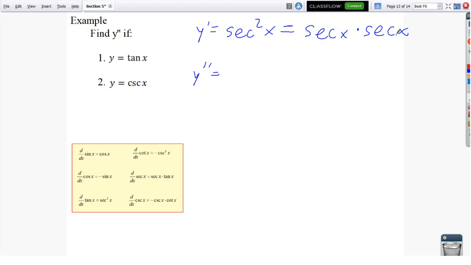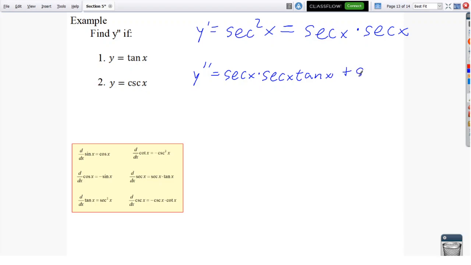So to use the product rule, I'm going to do the left to right plus right to left. So the left, secant x, times the right, derivative of secant of x is secant x tangent x, plus, that was left to right, now I got to do right to left.